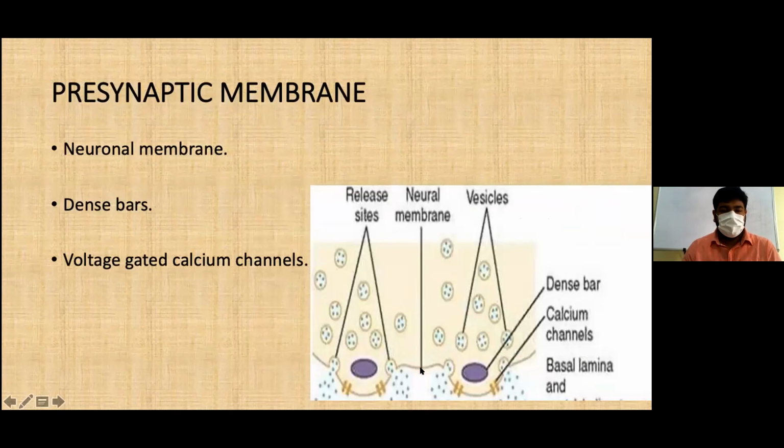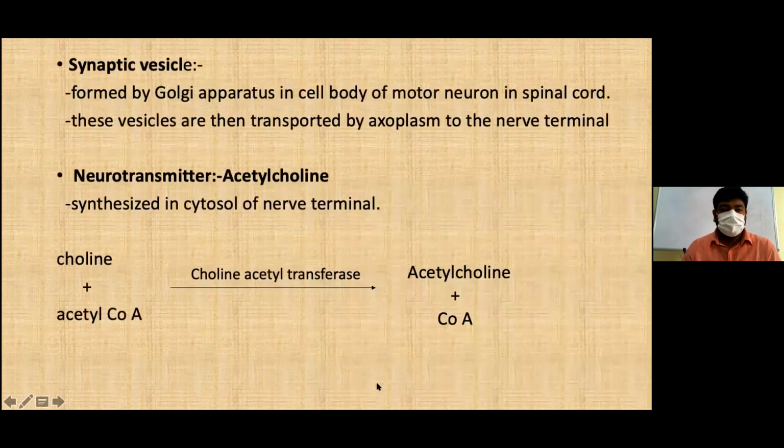Presynaptic membrane. This is the presynaptic membrane and it is a neuronal membrane. Beneath this neuronal membrane, there are dense bars. Beside each dense bar, there are specialized protein channels called voltage-gated calcium channels. The nerve terminal also contains synaptic vesicles, which are formed by the Golgi apparatus in the cell body of the motor neuron in the spinal cord. These vesicles are then transported by axoplasm to the nerve terminal.